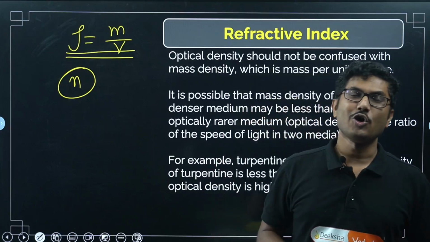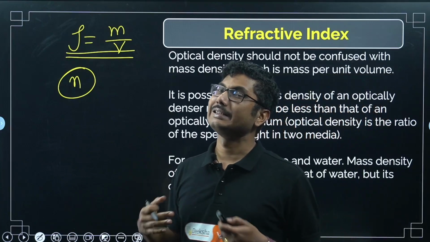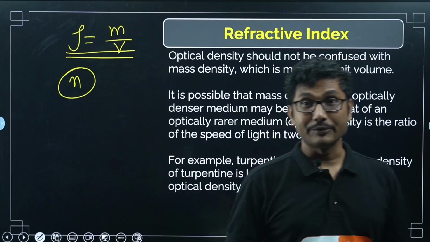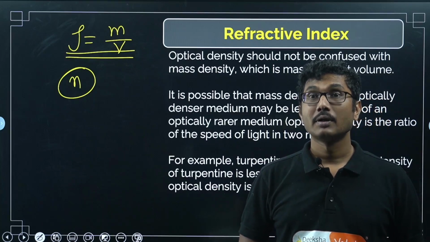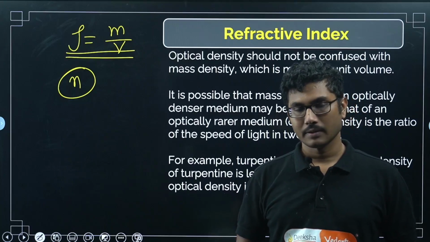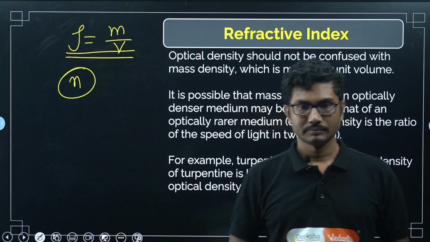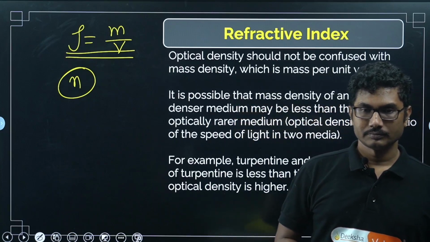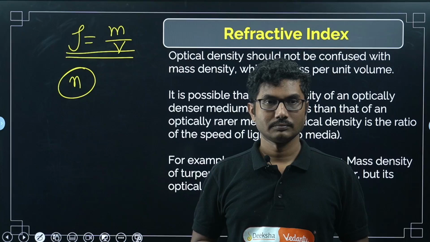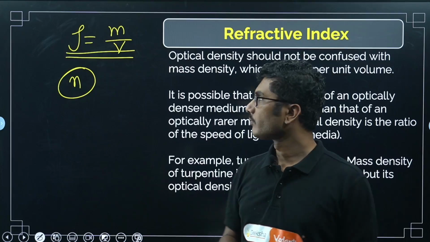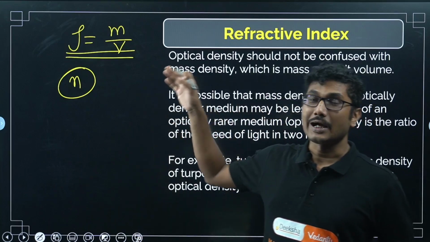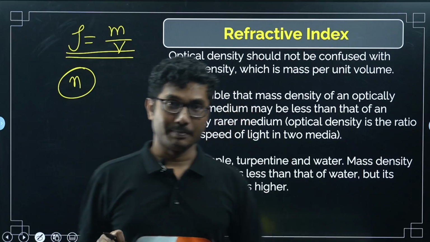It's a ratio of sines of angles, and an angle itself is a unitless or dimensionless quantity, it does not have any units. So refractive index itself is considered to be the density of the medium.